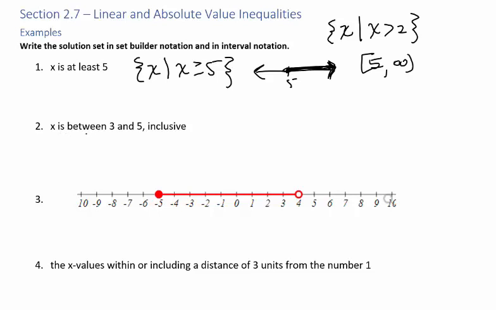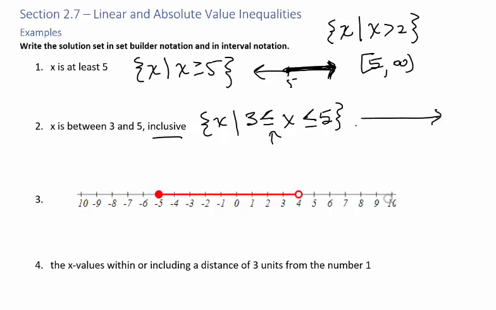Number 2, x is between 3 and 5 inclusive. Okay, in set builder notation, we have our variable x such that x is between 3 and 5, so we have 3 is less than or equal to x is less than or equal to 5, and I put equal to because it says inclusive, so that means include those endpoints.